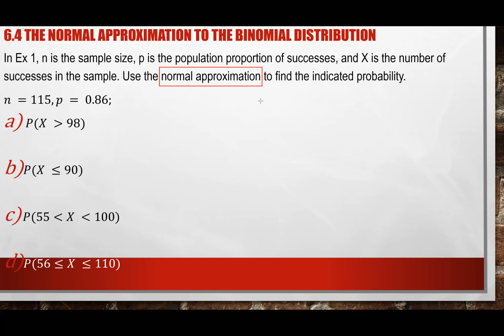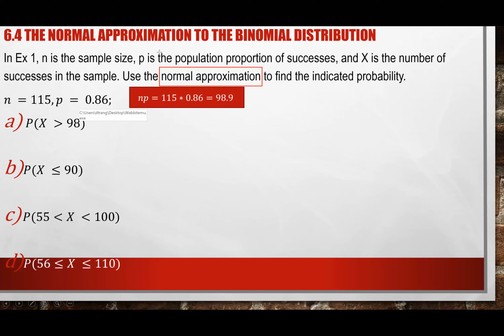Okay, so now first of all, let's check our condition. You take n times p, which is 115 times 0.86, which is 98.9, that's bigger than 10, I'm good to go.